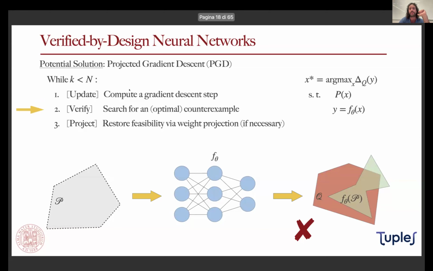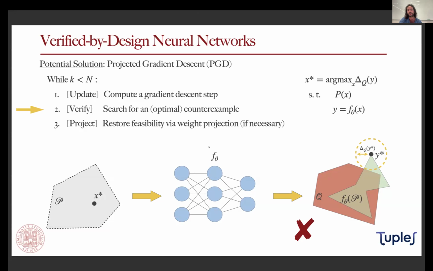But then, before moving to the next iteration, you check whether your neural network with the current parameterization is indeed able to respect the property. And how do you do this? You solve an optimization problem. You look for an input X star, which is propagated into an output Y star, such that this Y star maximizes some predefined violation metric delta Q. If you can find such a point, then this is a counterexample, a certificate of property violation.